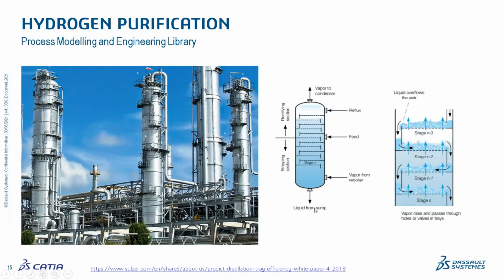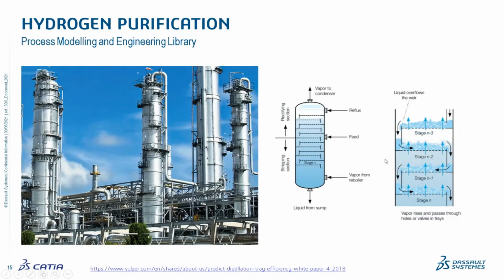We can do the same at the bottom, so we evaporate a part of the product and bring it back into the column. Then we have a counter flow system inside. We have a gas flow going up, and a liquid flow going down.